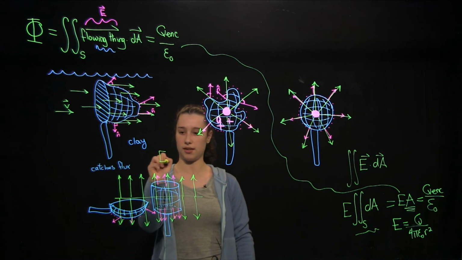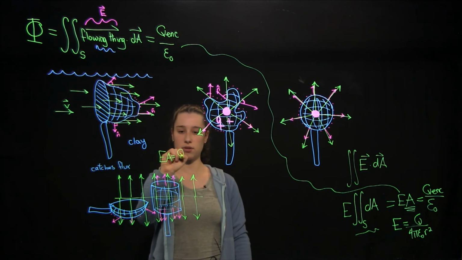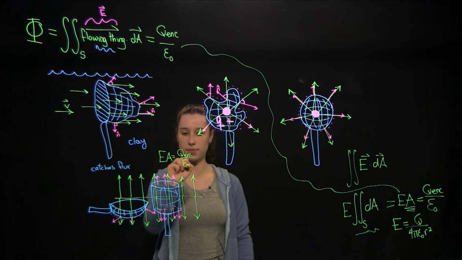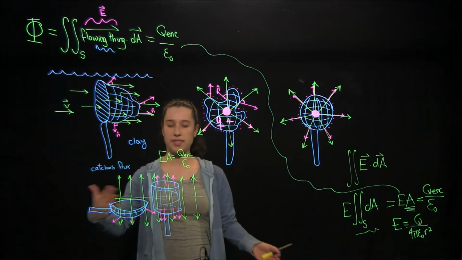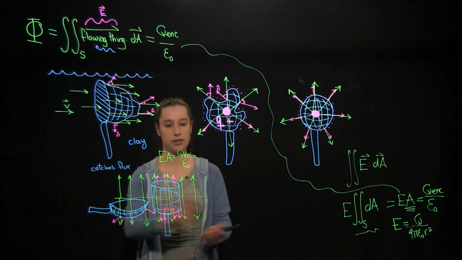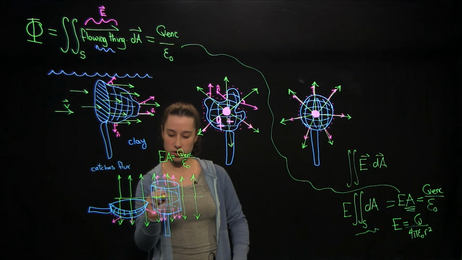Again, we can pull E out of this double integral, and we'd have EA is equal to Q enclosed over epsilon naught. And Q enclosed is going to depend on whatever surface density or linear density we have of this line of charge, and then we can multiply it by how much charge is actually enclosed by our Gaussian surface.